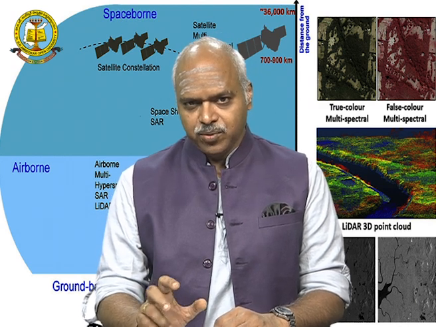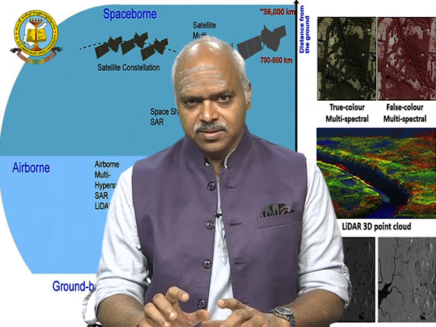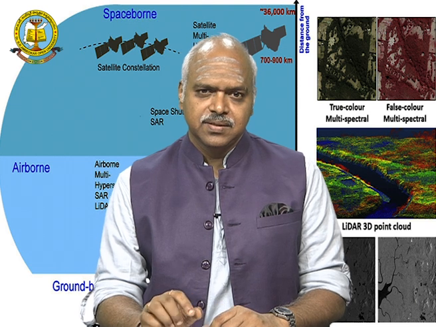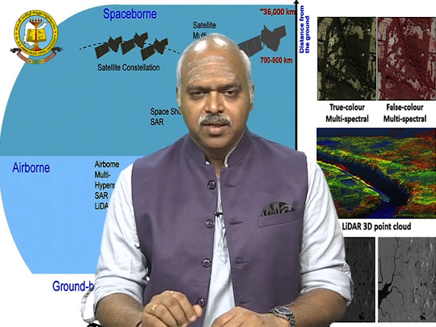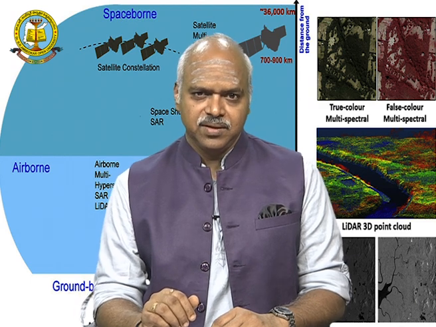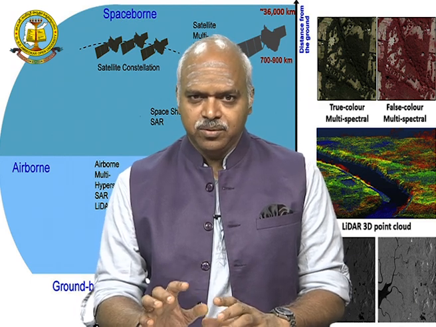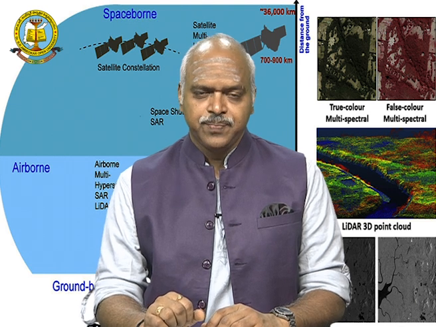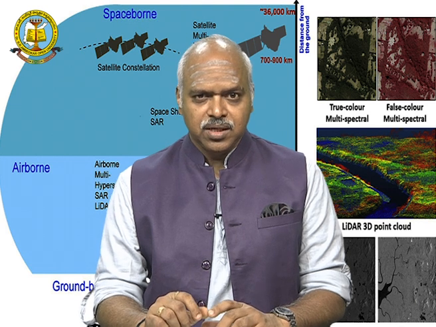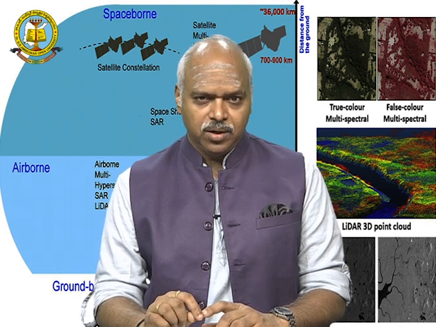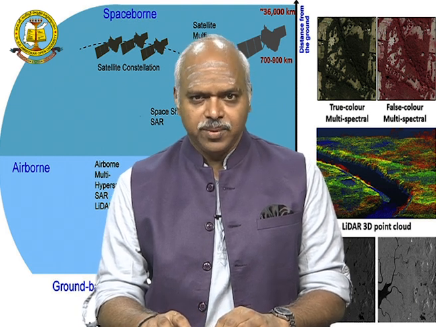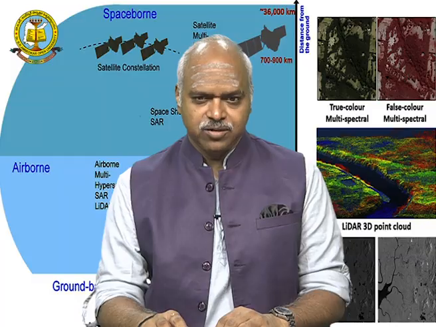The GPS satellites which capture the GPS information are mostly placed in this medium Earth orbit. Then we have low Earth orbit, which is very close to the surface of the Earth, ranging between 500 to 700 kilometers, and typically captures very high resolution. Mostly polar or near polar orbit satellites are found in these low Earth orbits, providing very high resolution.